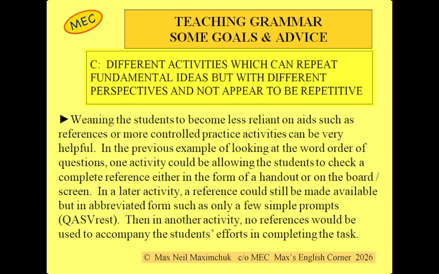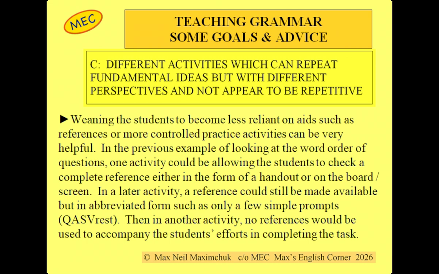Weaning the students to become less reliant on aids, such as references or more controlled practice activities, can be very helpful. In the previous example of looking at the word order of questions, one activity could be allowing the students to check a complete reference, either in the form of a handout or on the board or screen.